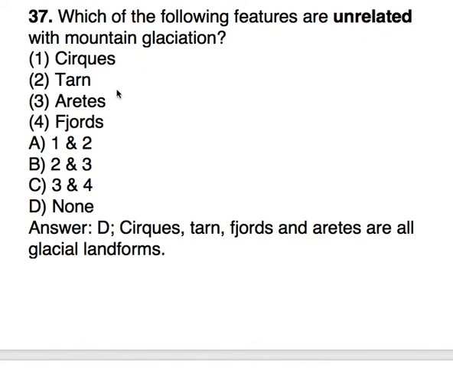Which of them are unrelated to mountain glaciation? The four are all related to mountain glaciation. So the question asks about unrelated, so the answer would be none, because Cirque, Tarn, Fjords and Arete are all glacial landforms.